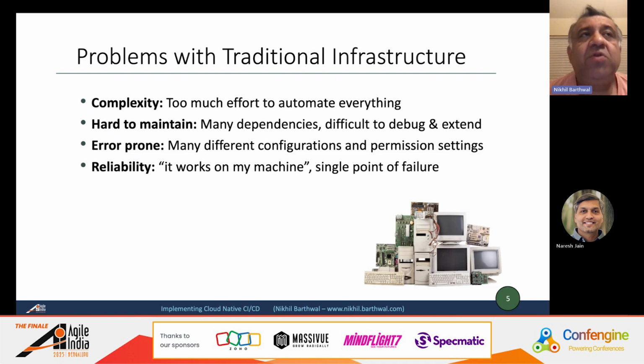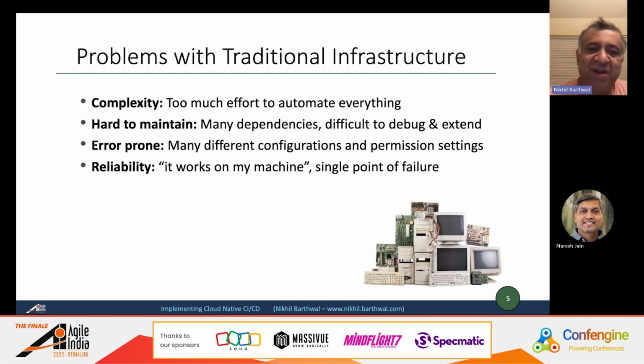Also, prior to the introduction of containers, you have an issue that your production environment is different from your test environment. Ideally, a test environment and production environment should be the same, but in reality, they tend to be a little different because they're different environments.